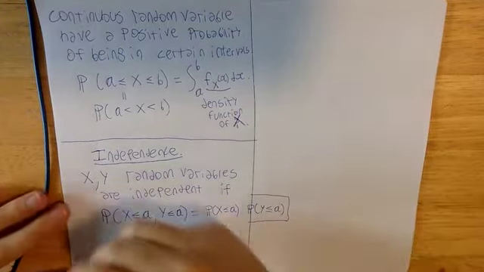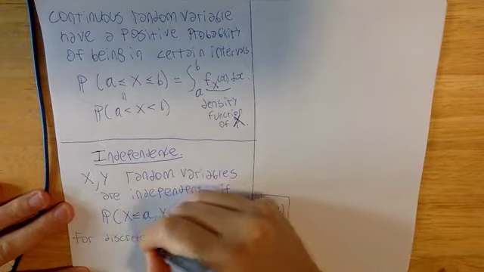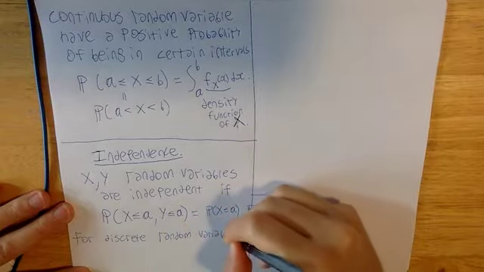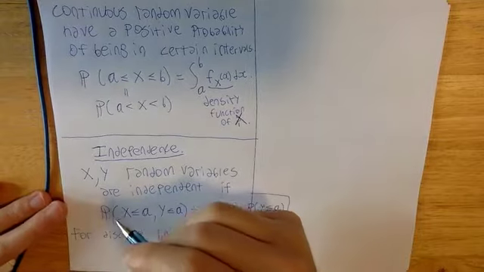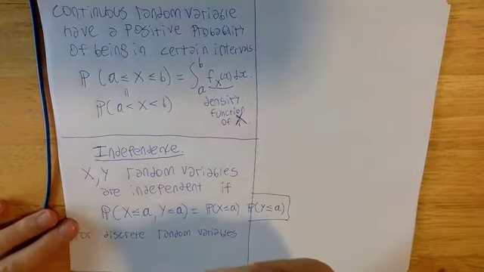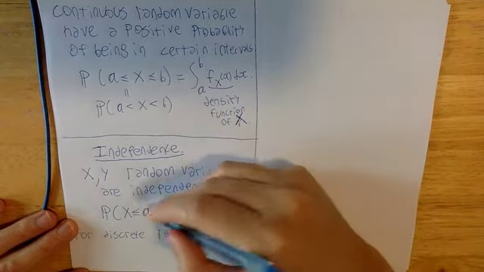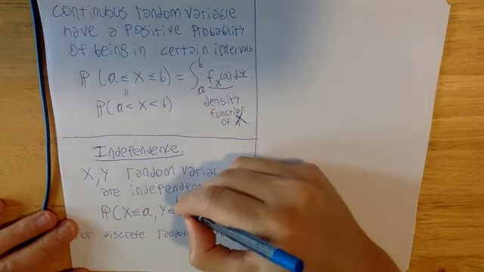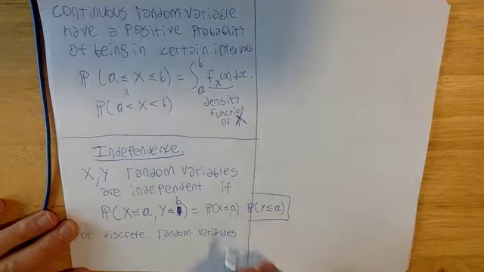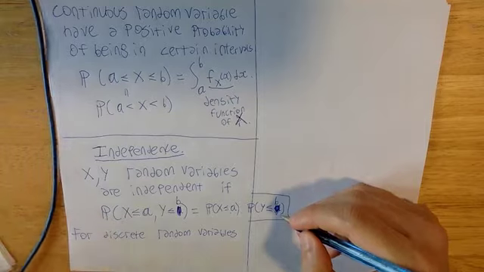For discrete random variables, this is equivalent to the probability that X is less than or equal to a and Y is less than or equal to b being equal to the probability that X is less than or equal to a times the probability that Y is less than or equal to b.